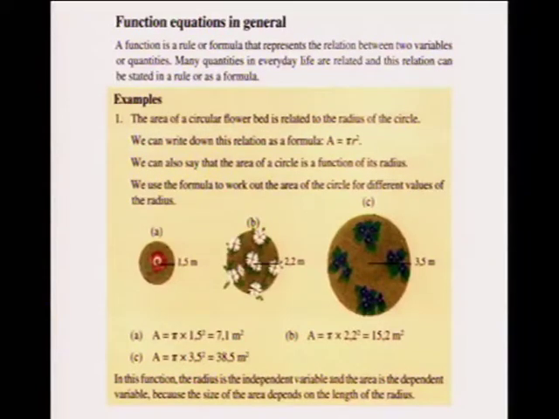The area of a circle is related to the radius of the circle. We can write down this relation as a formula. Area is equal to pi r squared. So in this case, we can work out all the areas of A, B, and C using your calculator. Pi r squared.